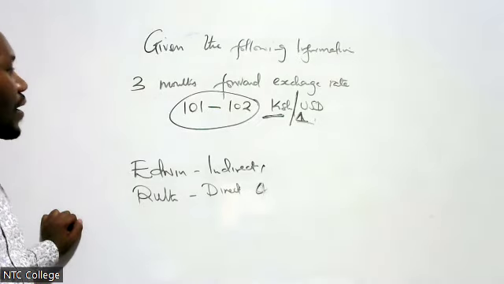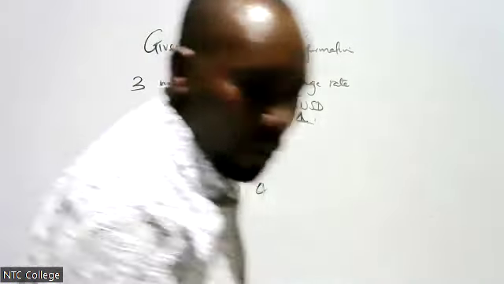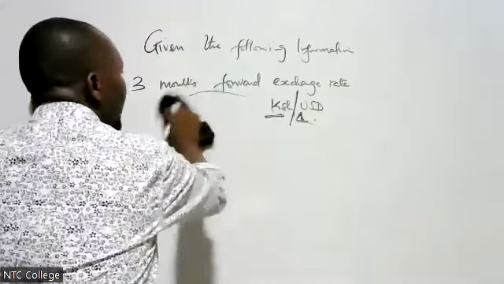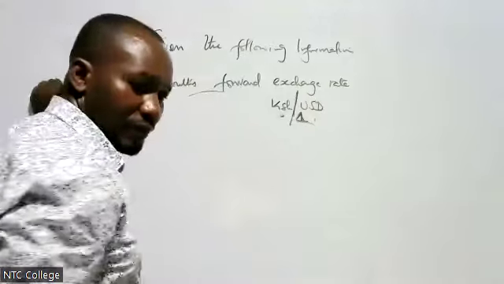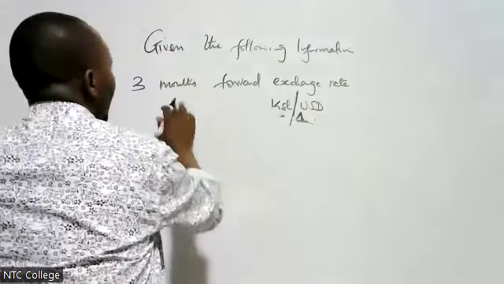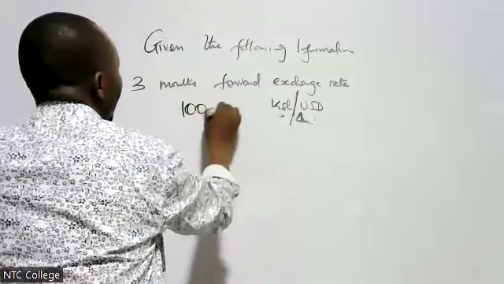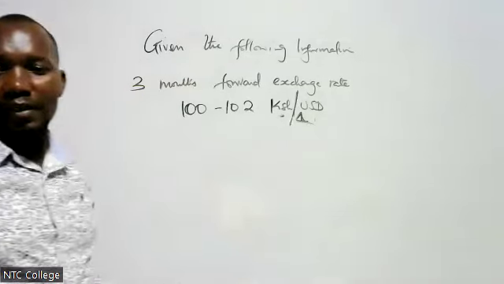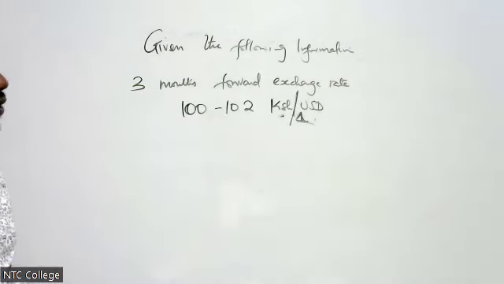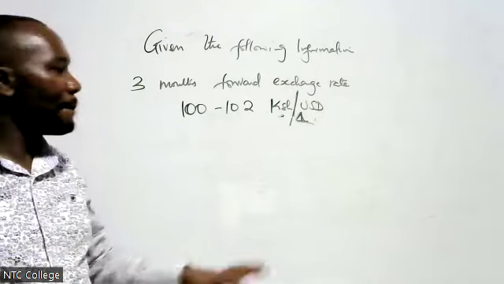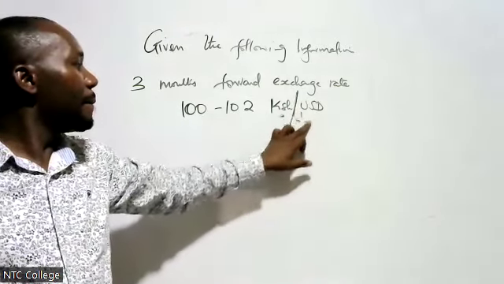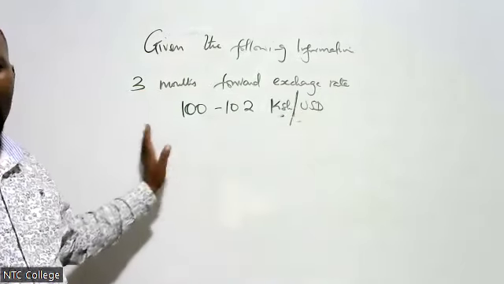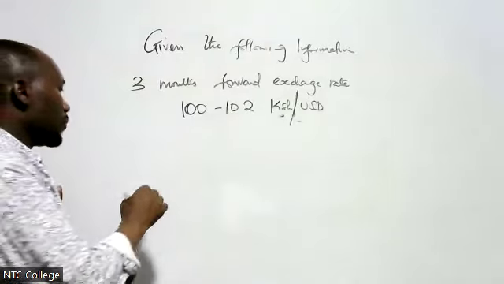Now, direct. Okay. When you are now converting, where is the buy and where is the sell? Do it quickly. For direct, bank buy is low.